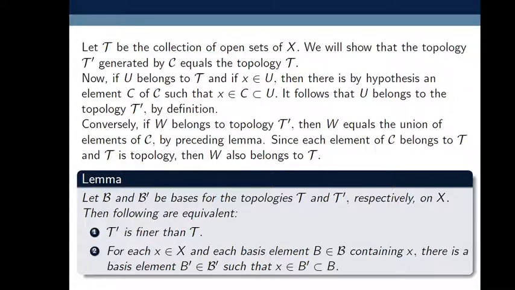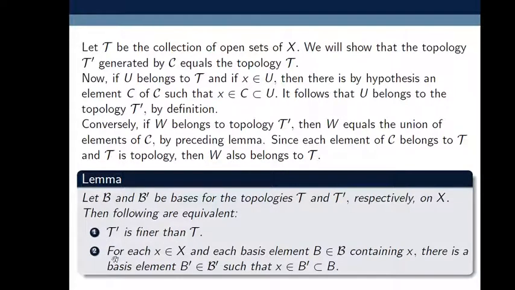For any two topologies tau and tau dash on a non-empty set X, if tau dash contains tau, then tau dash is said to be finer than tau. So here tau dash is finer than tau means tau dash contains tau, or tau is a subset of tau dash.